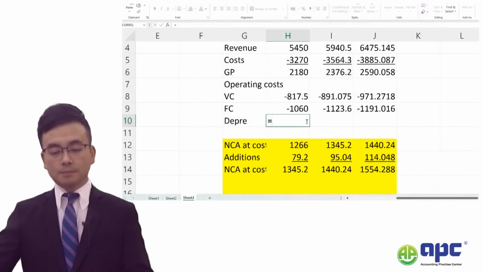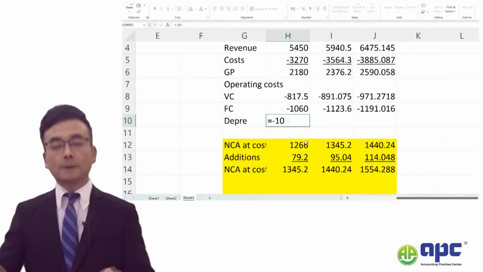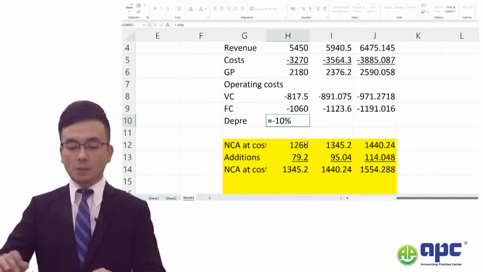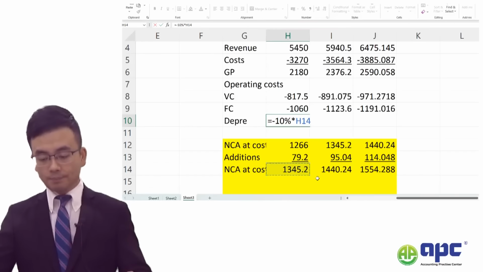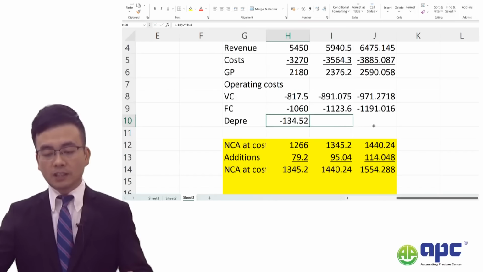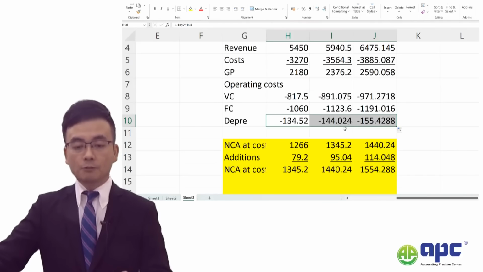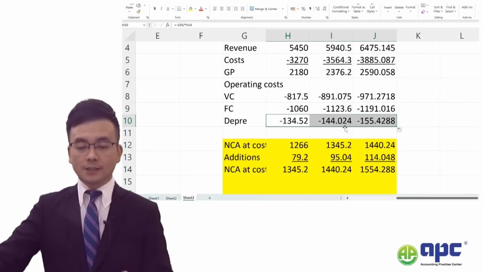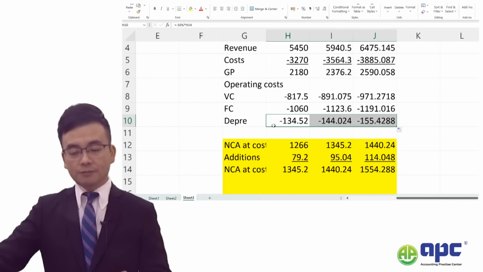And that's why we take 10%, which means minus 10% there, and times the revised non-current asset cost. So it will give me, drag it, it will give me the depreciation expenses for each and every year, for example. Alright?